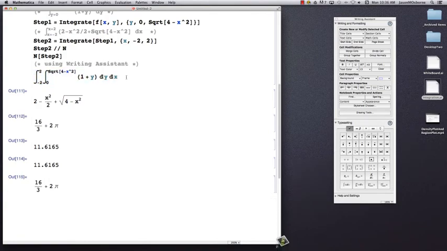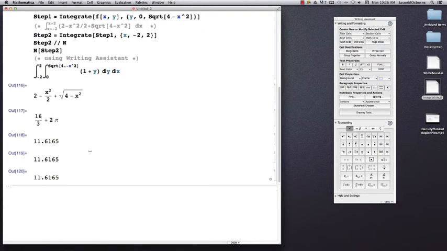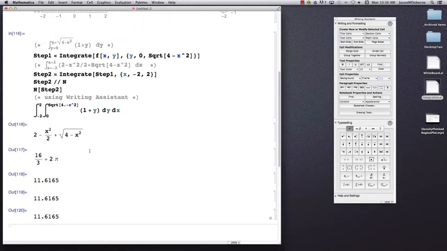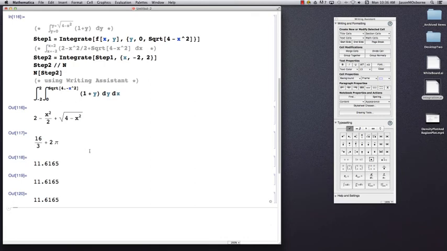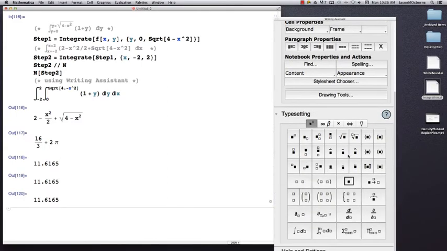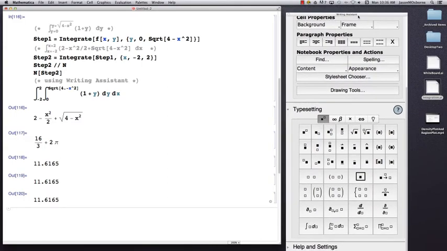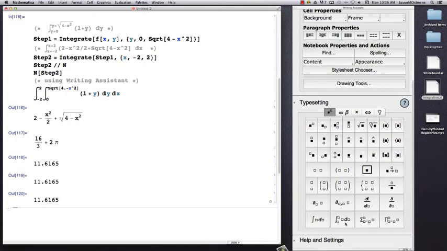Okay. If you want to get that to a decimal quickly, you just put any of your answers there as decimals, and it should convert it to a decimal. So there's how you can check your answers with Mathematica as integrate or the writing assistant palette, and you have access to a large variety of options.